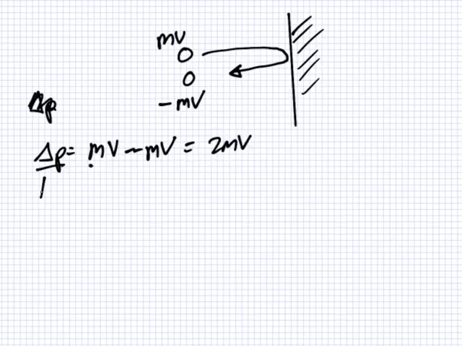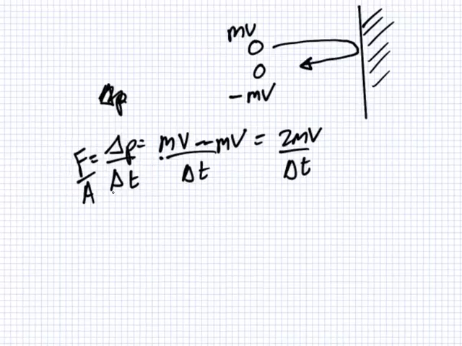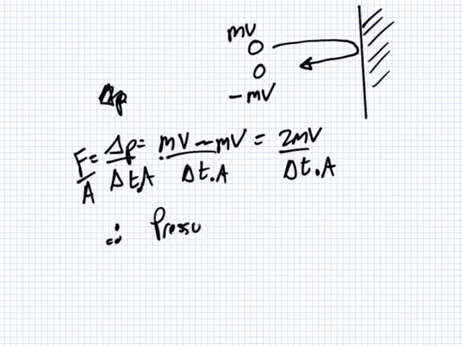Then you divide it by time, and this is equal to force. But force divided by area is pressure. Let me just put an A in here. Therefore, pressure is equal to 2mv over area times delta T.